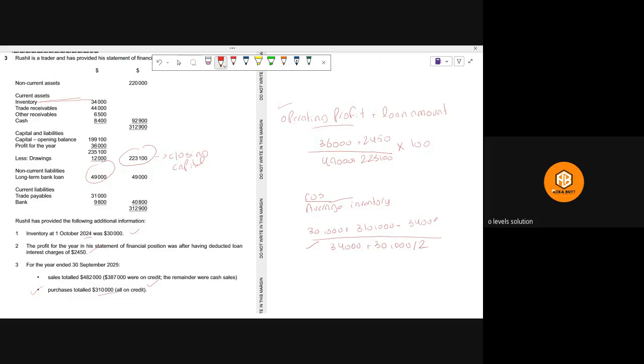Then 30,000 plus 3 lakh 10,000, and then minus 34,000. So this is equal to 306.